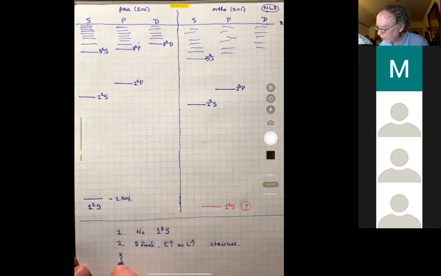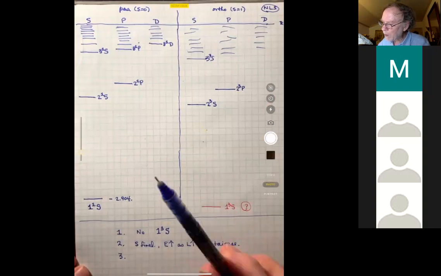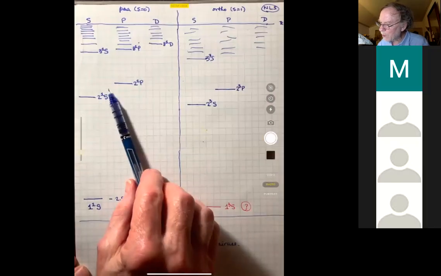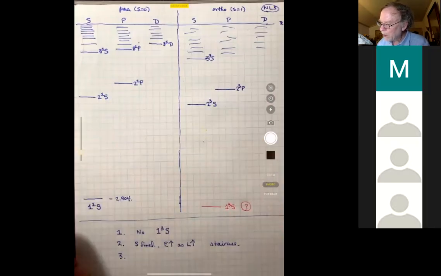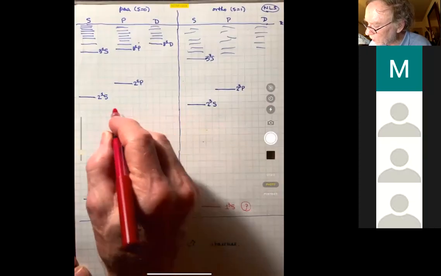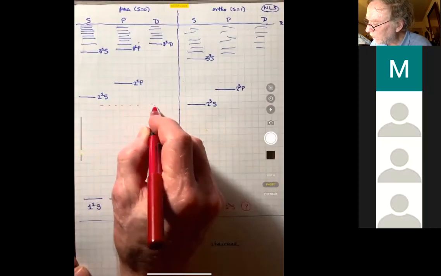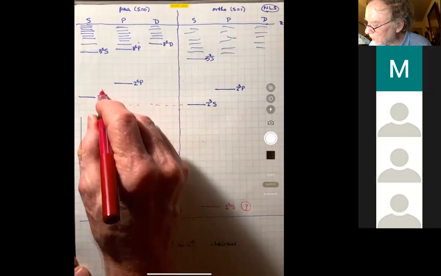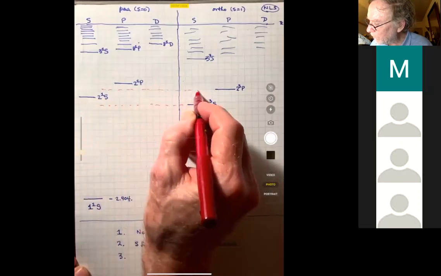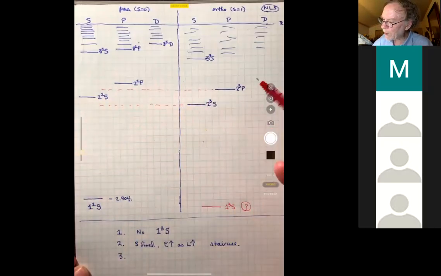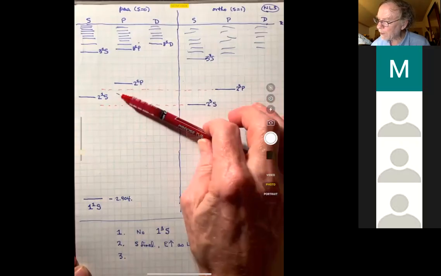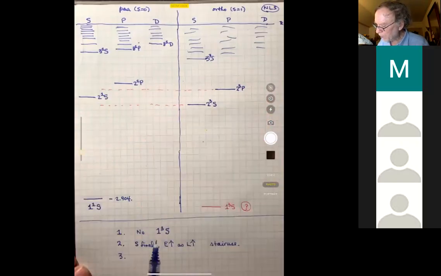The third thing to notice is that if we compare the singlet and triplet sides, and I intended to draw it this way, these triplet states with otherwise the same quantum numbers are actually lower in energy than the corresponding singlet state. So what that means is that if L is fixed, then the energy decreases as the spin increases.